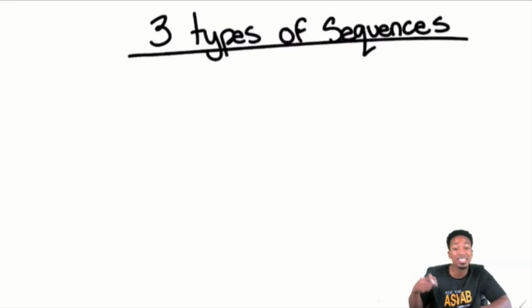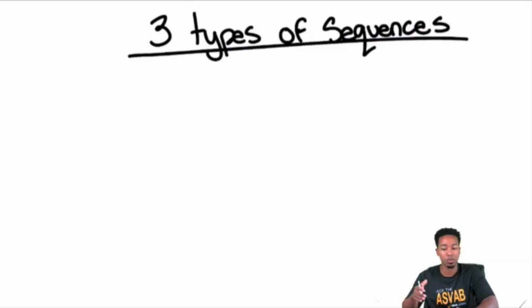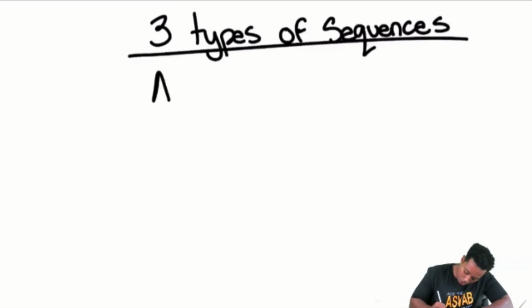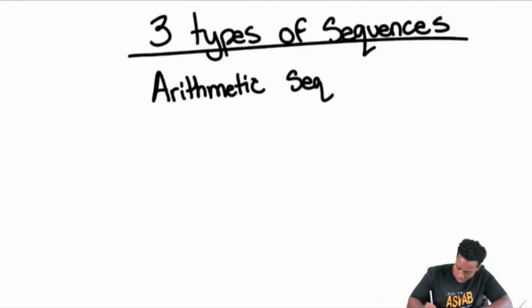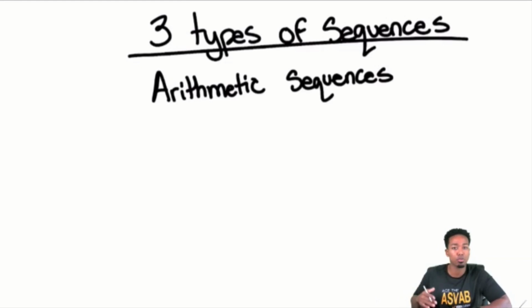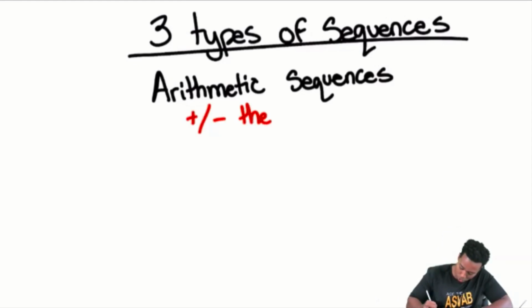So what we've been dealing with here today so far, these are what are called arithmetic sequences. And so arithmetic sequences, pretty much what those are, is you're adding or subtracting the same number.